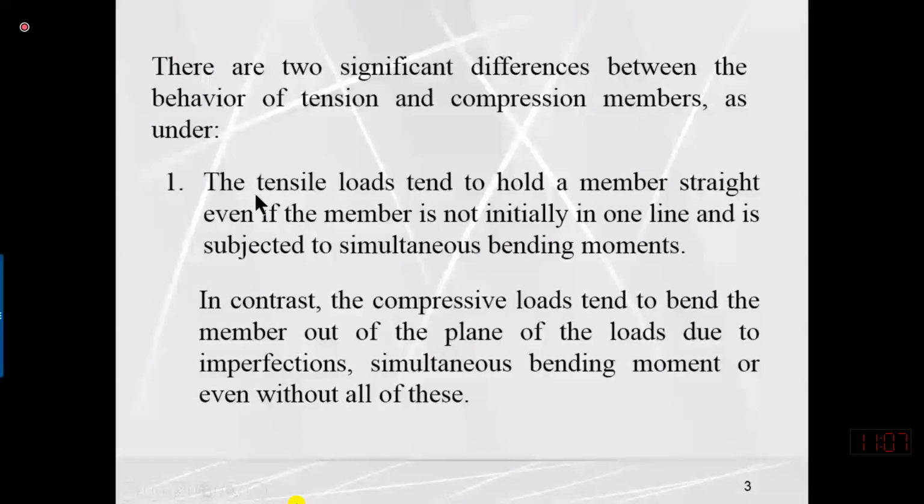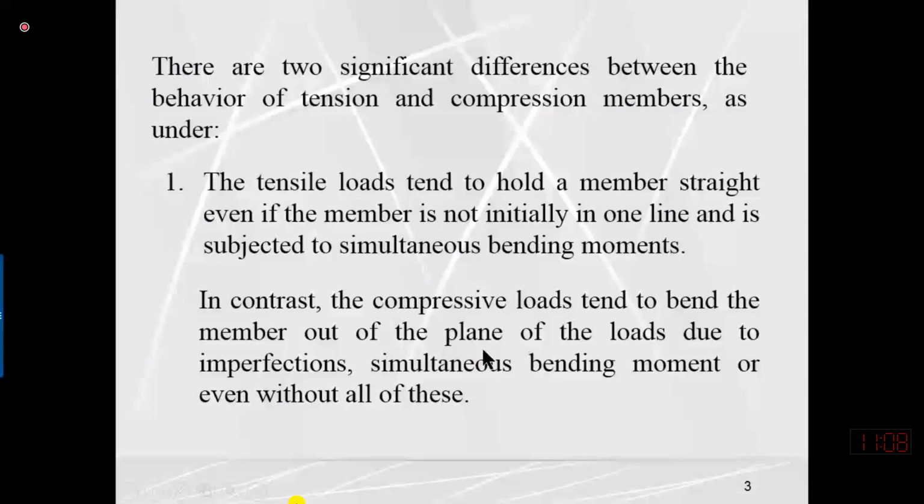The tensile load tends to hold the member straight even if the member is not initially in one line and is subjected to simultaneous bending. In contrast, compressive loads tend to bend the member out of the plane of load due to imperfections.